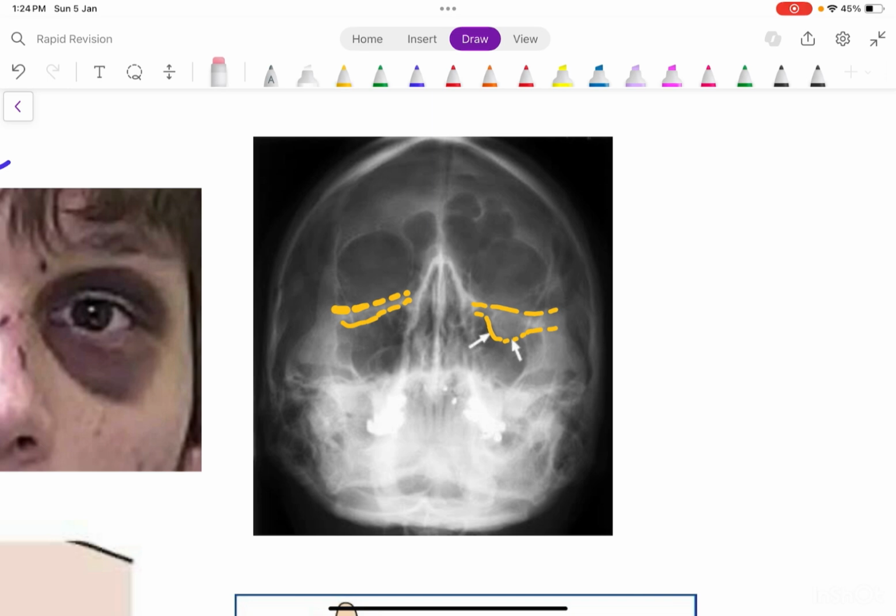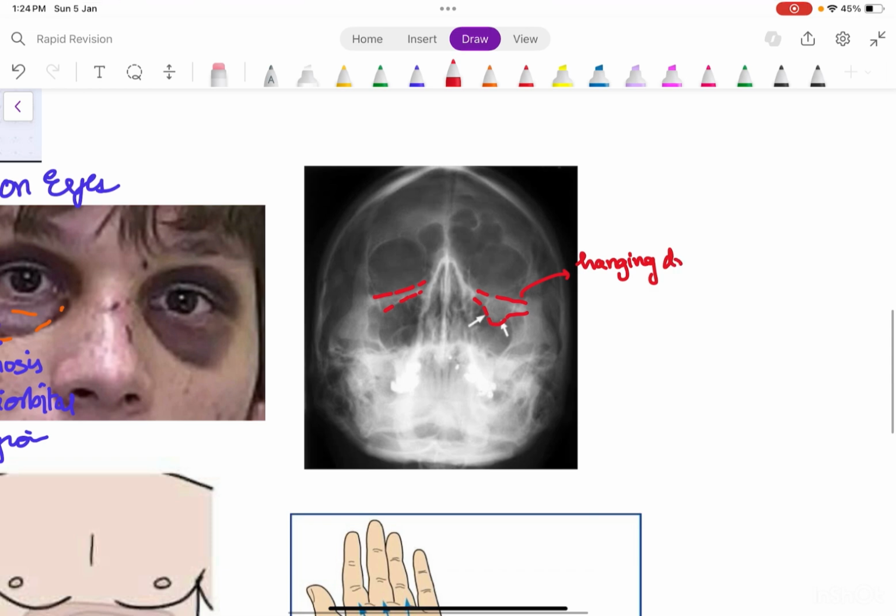If I erase it, just see again. Now you get the difference. This is normal and this is something like down. So this is what is called the hanging drop sign, and this is seen in orbital floor fracture.